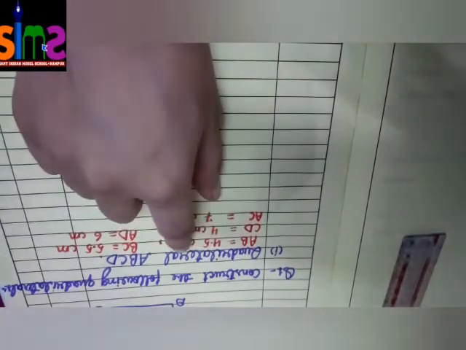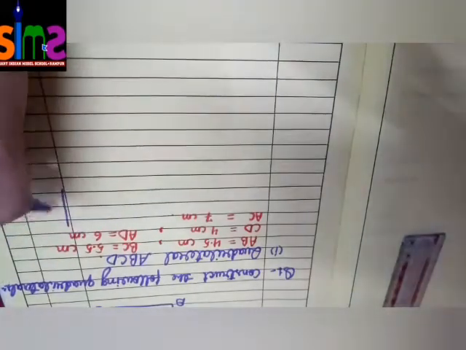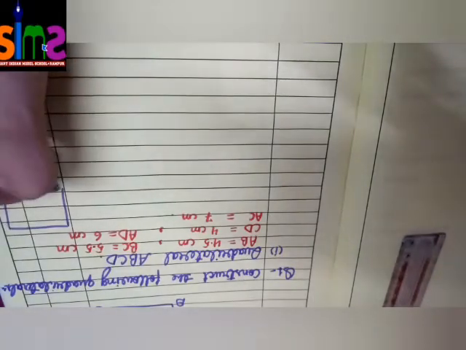To draw a quadrilateral ABCD with the help of these measurements, first of all we will draw a rough diagram of quadrilateral ABCD. So let us draw a rough diagram. For example, if we draw a rough diagram of quadrilateral ABCD on a side, it must be in such form like this.